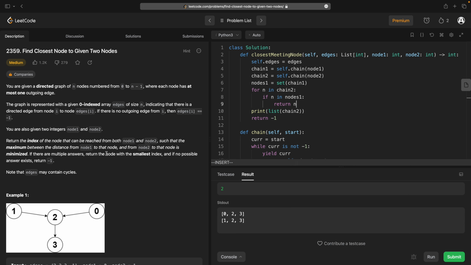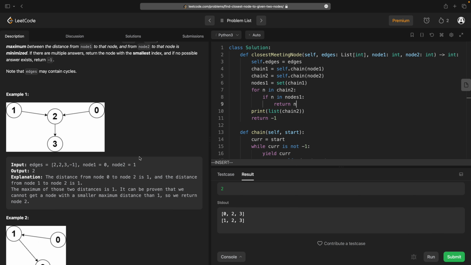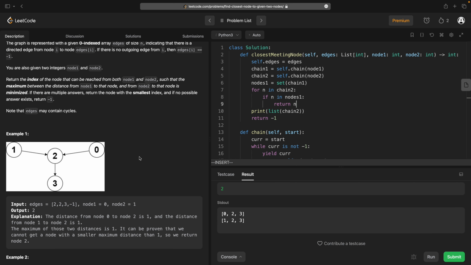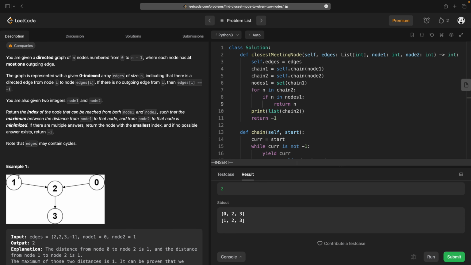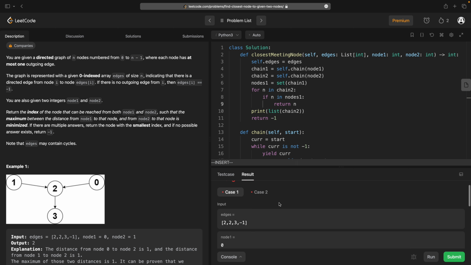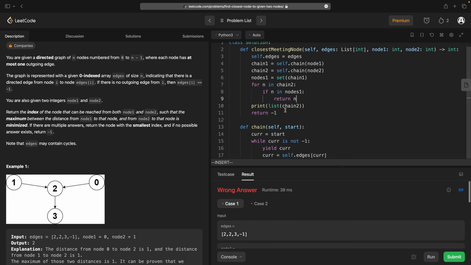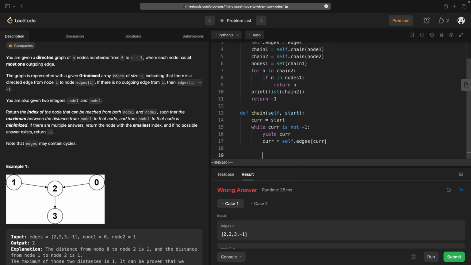I'm a little bit worried about this, return the node with the smallest index. Is it possible that there are two options? I'm just trying to think how we could break this.